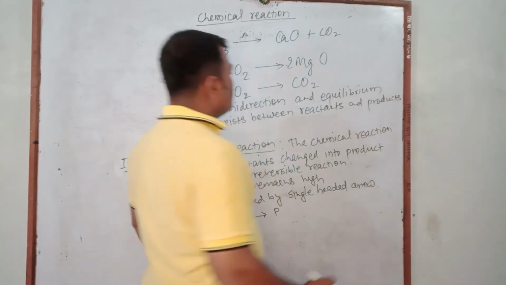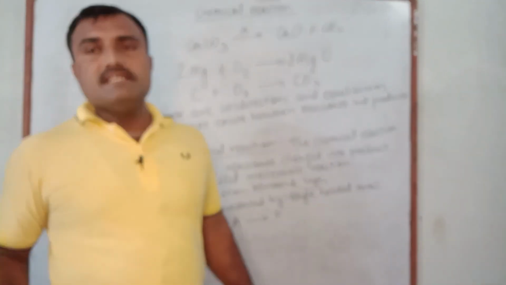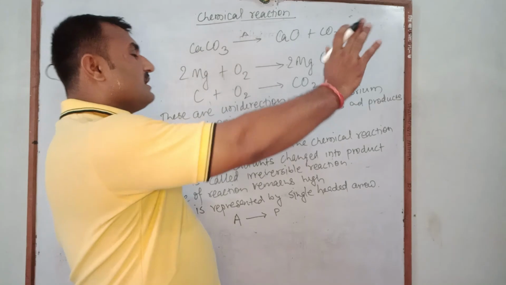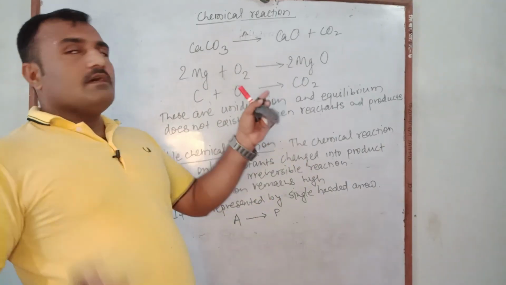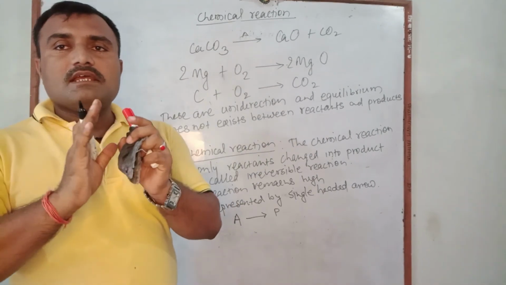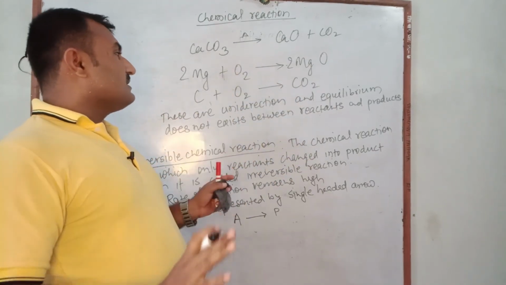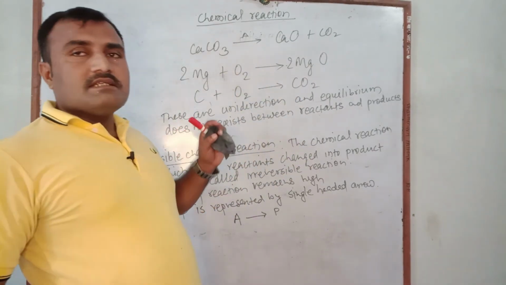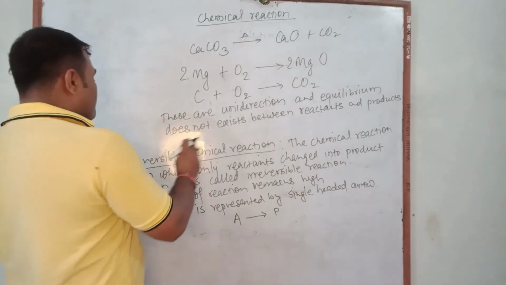In such a reaction, the amount of reactants keeps decreasing and the amount of product keeps increasing. There is no equilibrium at which the rate stabilizes or the reaction becomes stable or gets reversed, and it gets completed after a certain period of time.